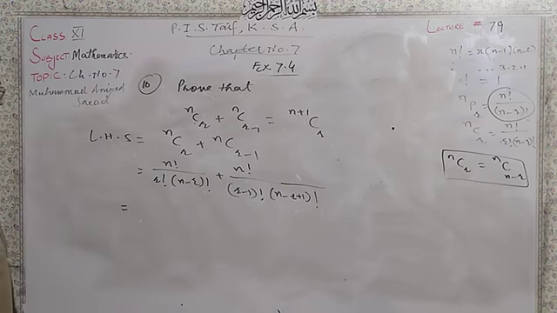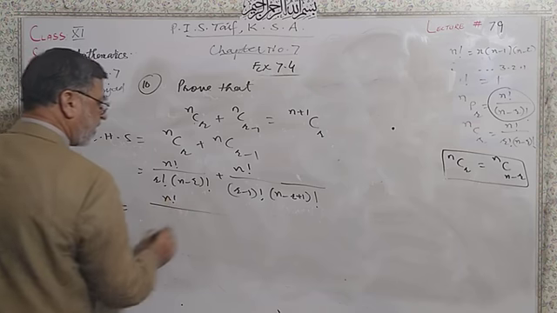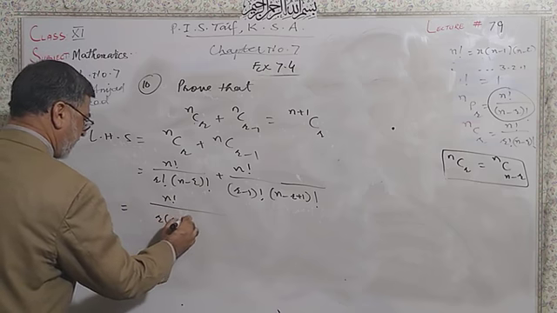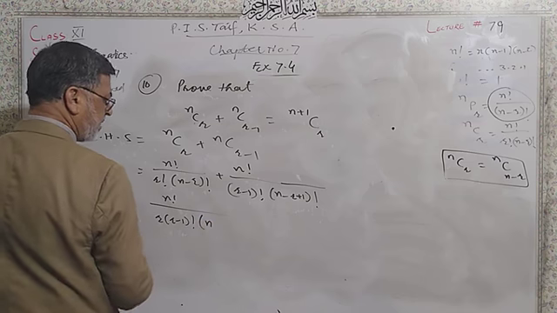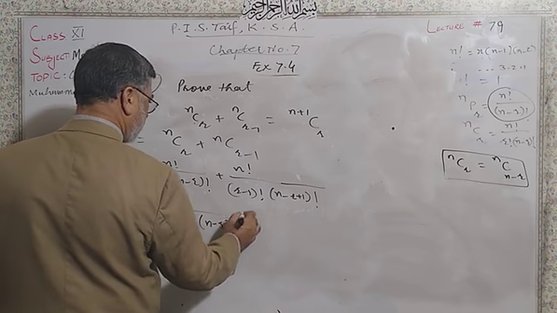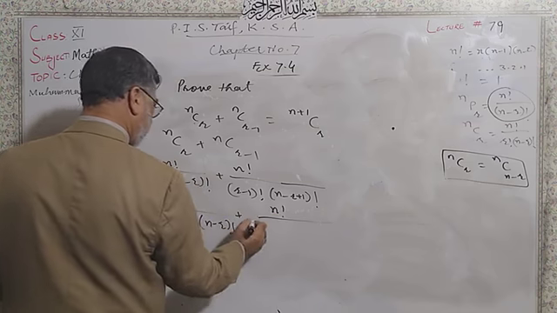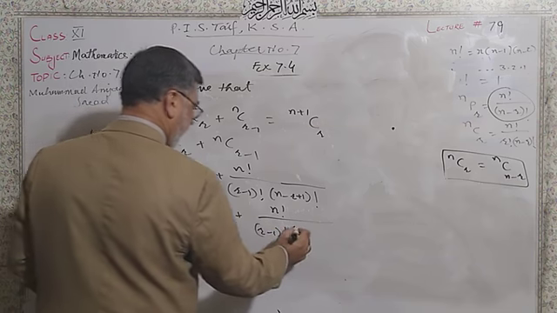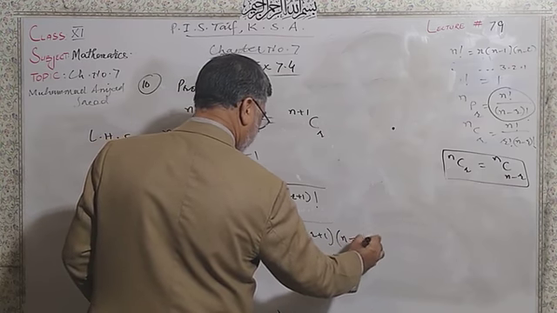Here you can write n factorial over r into r minus 1 factorial into n minus r factorial, plus n factorial over r minus 1 factorial into n minus r plus 1 into n minus r factorial.